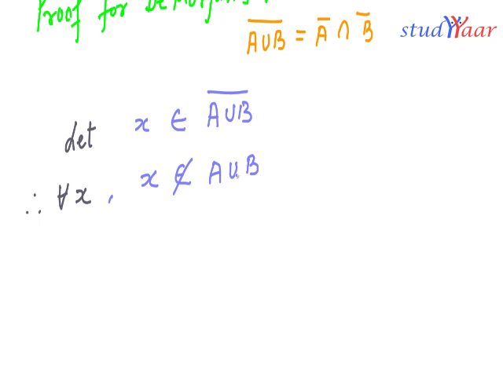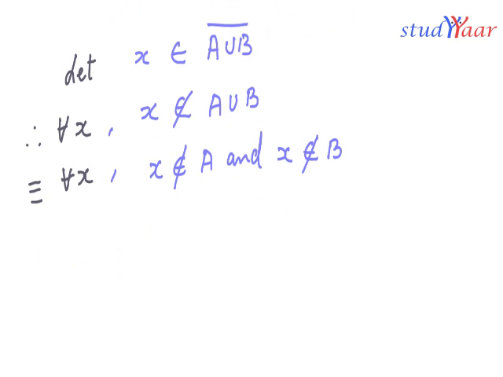This is equivalent to, for all X, X is not an element of A, and X is not an element of B. There is no problem in this.